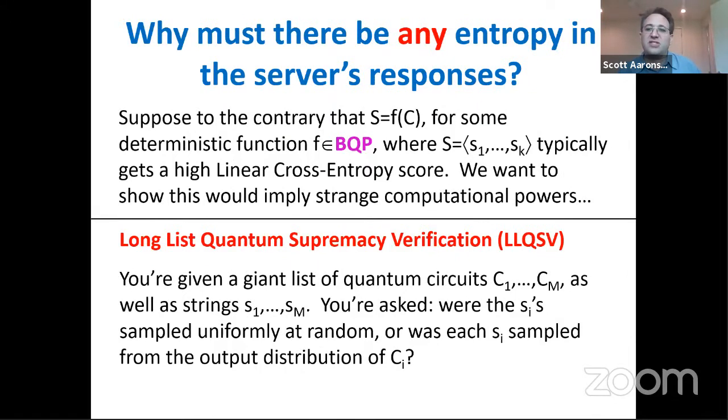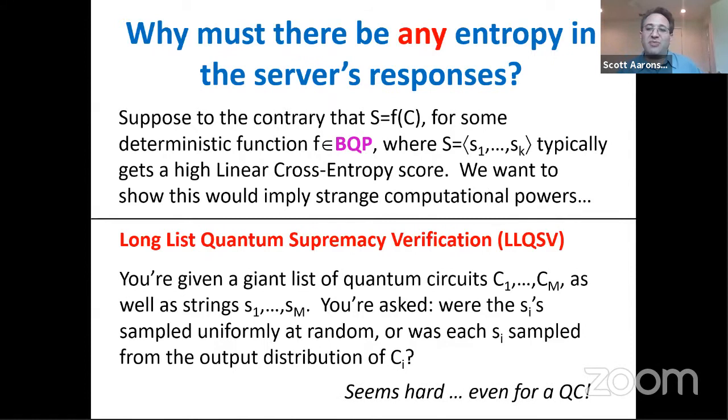Now you're asked to distinguish two cases. Case one is that each S sub i was sampled uniformly at random. Case two is that each S sub i was sampled from the output distribution of the corresponding C sub i. Was that clear? We want to distinguish these two cases.